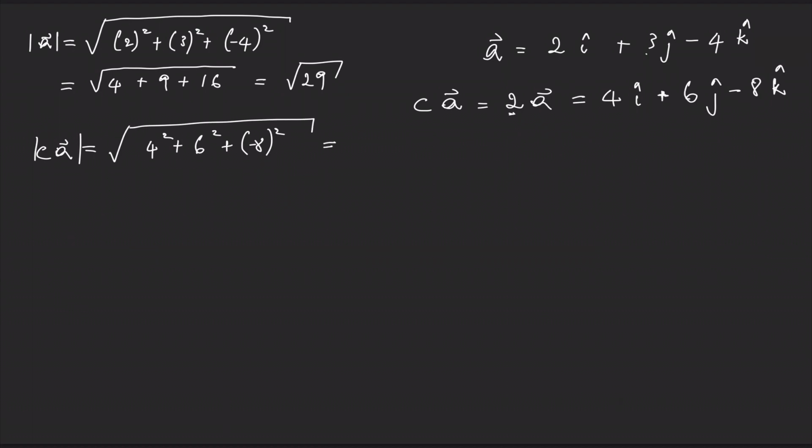When you run this calculation, you will realize that this is 2 root 29. Notice what has happened. We have multiplied this vector A by 2. Its magnitude was initially root 29, not 29, and now that we've multiplied by 2, its new magnitude is 2 root 29.